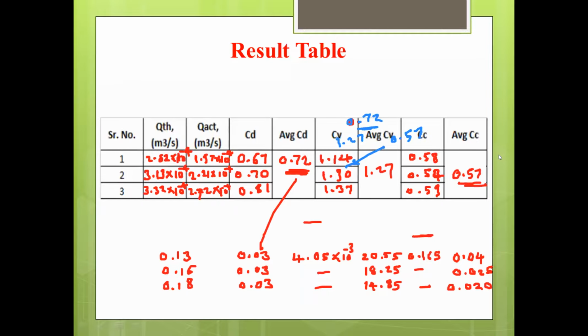Okay, everyone understood this practical number 5, calibration of orifice? Do the calculation and check whether you are getting the same answer. If you are getting different, let us check who has gone wrong, and we will correct that calculation part. Everyone understood the calculations? Those who have joined late, they may not be able to understand what is going on.